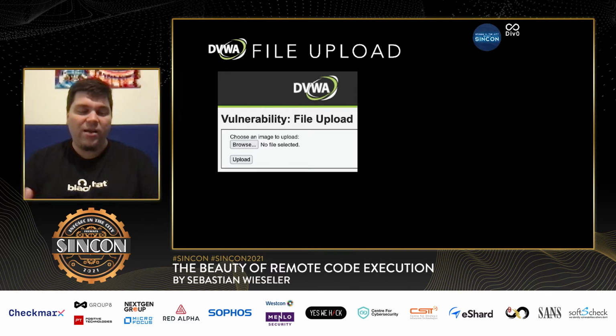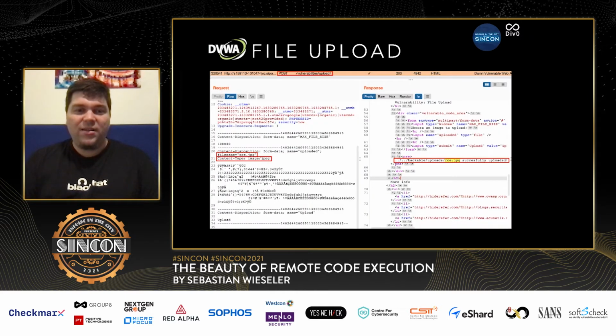When you look a little bit more into the HTTP request and response, you will see that once you upload a legitimate picture, you have a POST request to the endpoint vulnerabilities/upload, with an HTTP multipart body defined from line 19 to line 30 in this example, right?